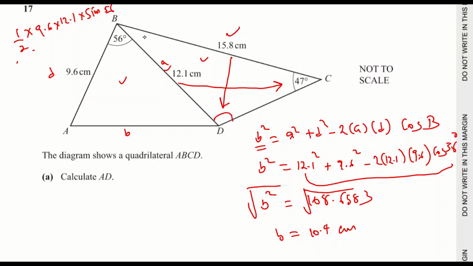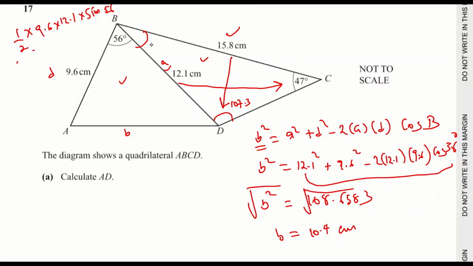So we need to find the angle of the unknown side, so as to use the same formula. This angle here is 107.3. So to get this, we have to do 180 minus 107.3 minus 47.